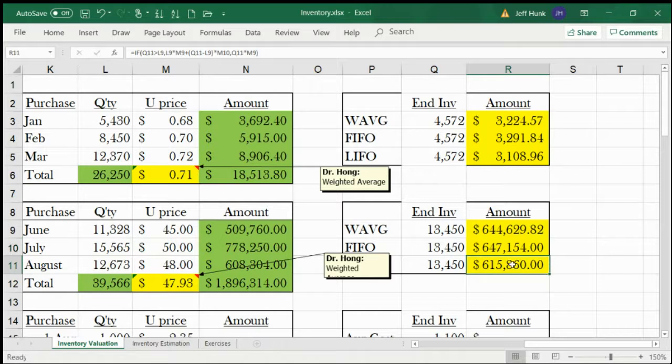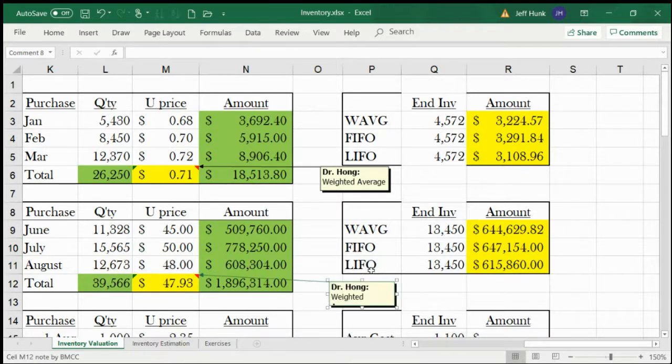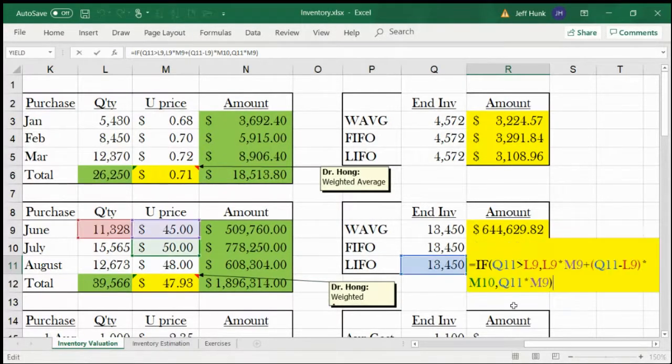So there you go. And in LIFO, again, the same logic. If the ending inventory is greater than this, then you'll need to split it.